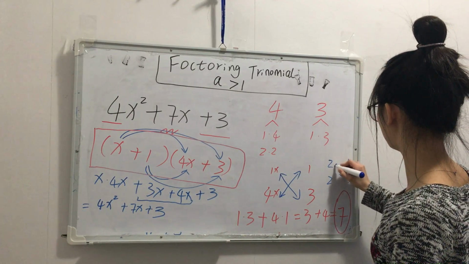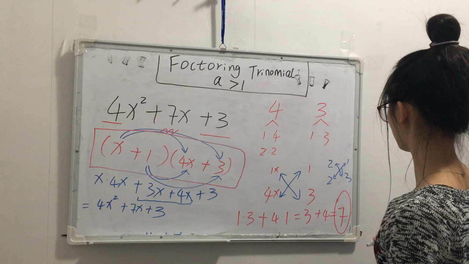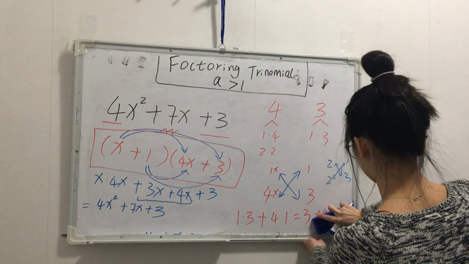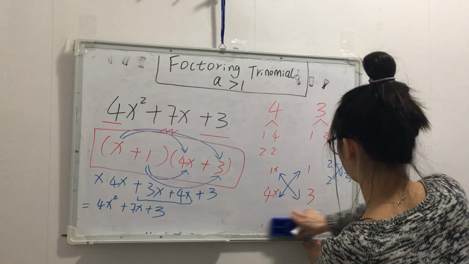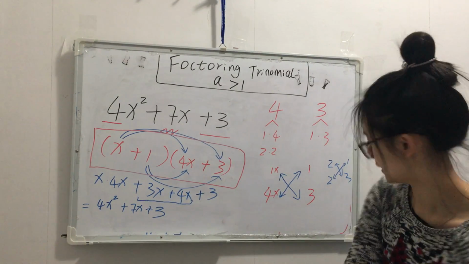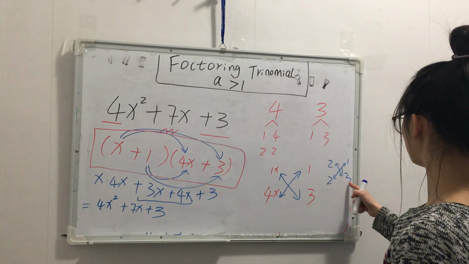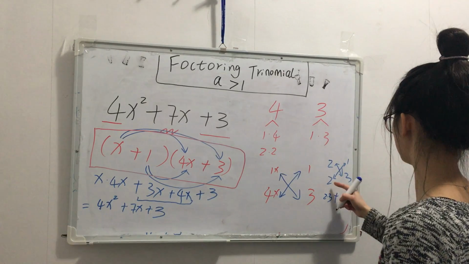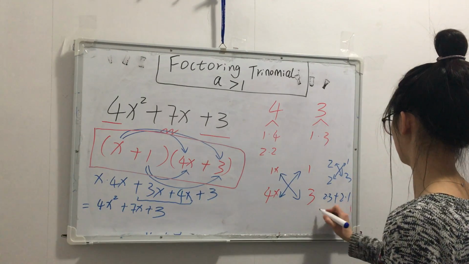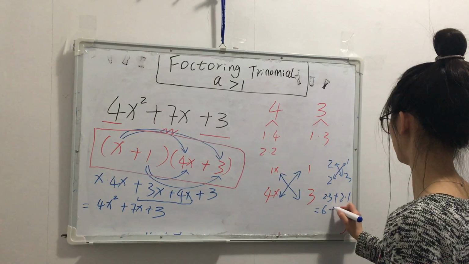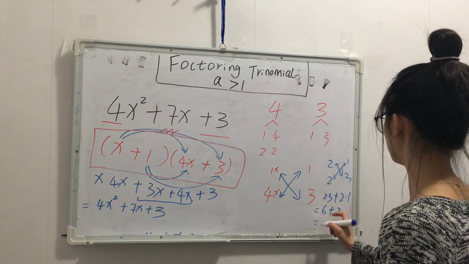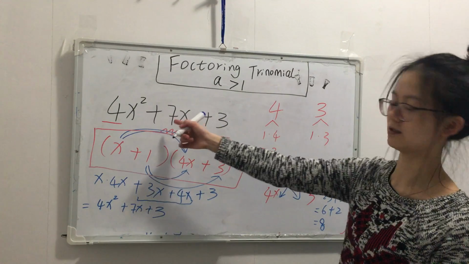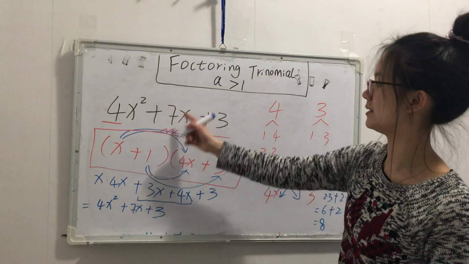We cross multiply, right? 2 times 3 plus 2 times 1. 2 times 3 is 6, plus 2 times 1 is 2. 6 plus 2 is 8, which is not our B term, because our B term is 7.